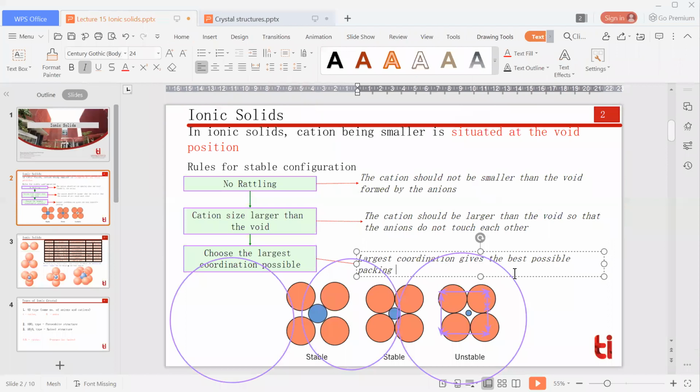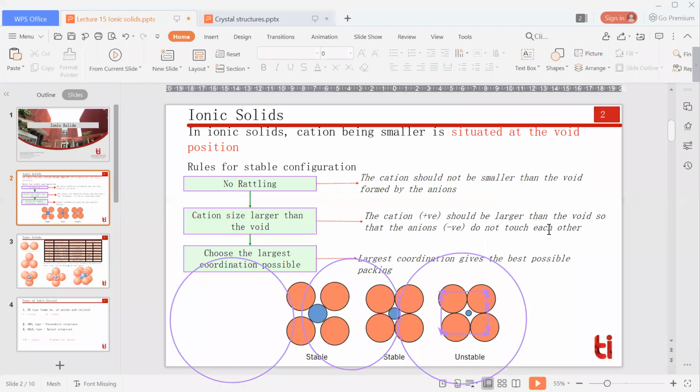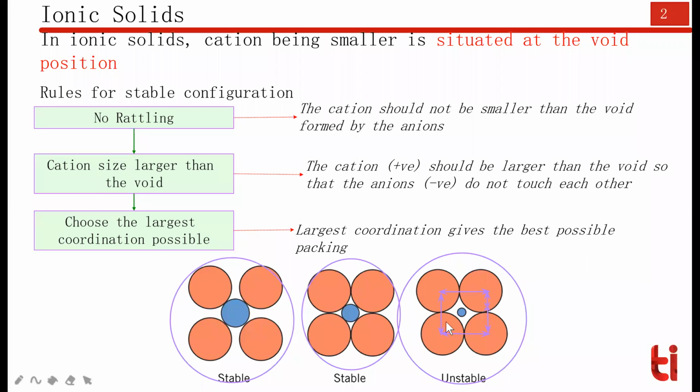The anions have negative charge and the cations have positive charge. Is it fine now? Yes, sir.